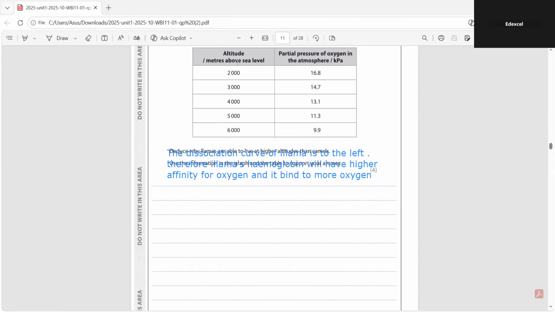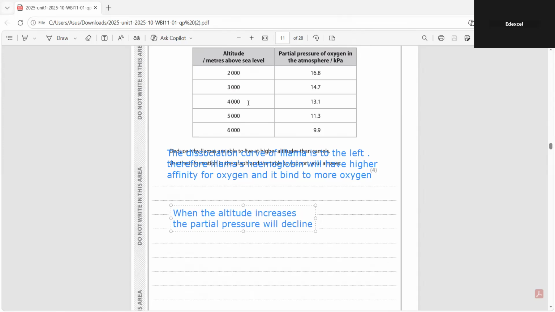So when the altitude increases, what will happen to the partial pressure is that the partial pressure will decline. So you can write that. When the altitude increases, the partial pressure will decline according to the table as shown above.